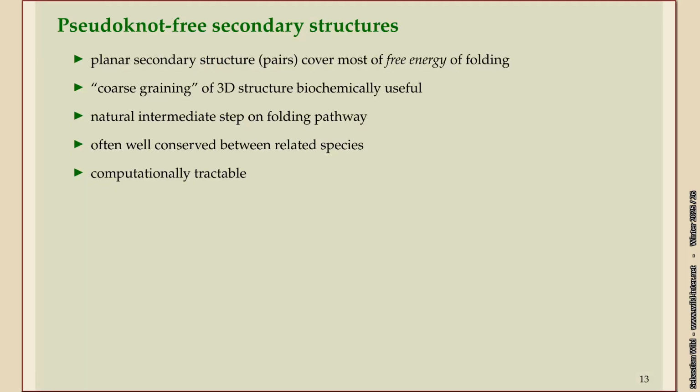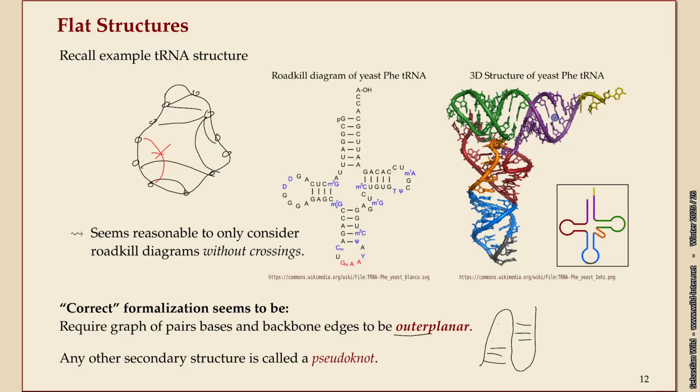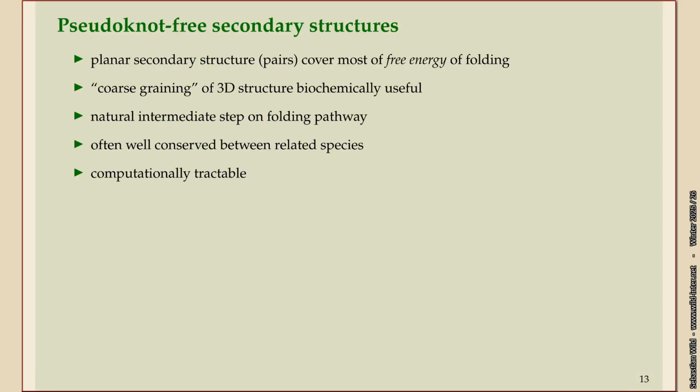There's biological motivation for that as well. First of all, the structure is in 3D. If you restrict it to 2D, it's not so far away, hopefully. It's also a useful coarse graining of the structure because it focuses you on these long stems, which tend to be the most dominant feature in stabilizing the molecule anyways.